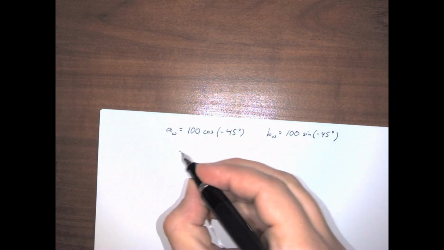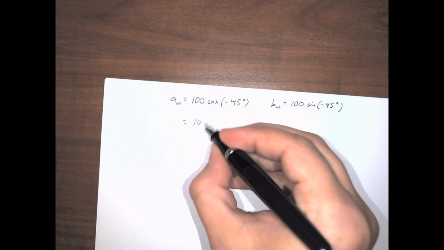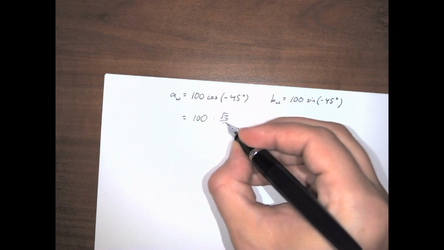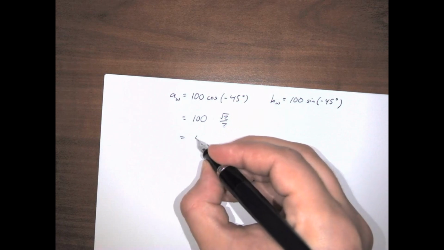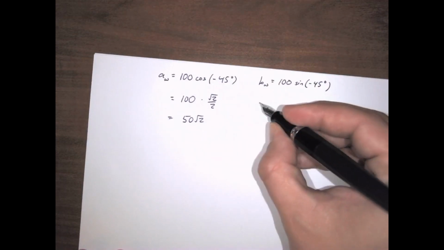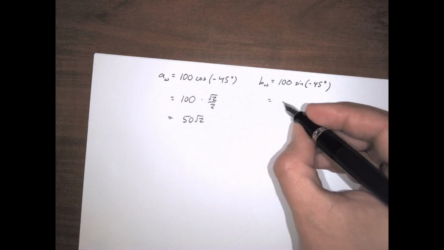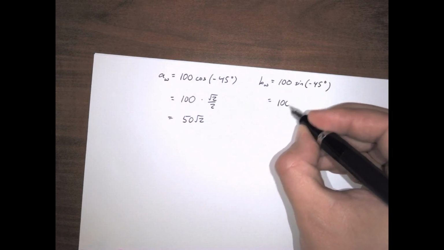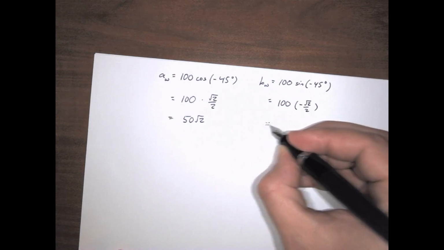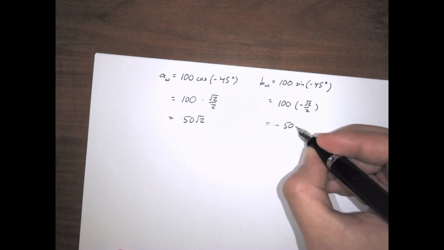And then what that's going to lead us to is equal to 100 cosine of negative 45, which is root 2 over 2. In other words, 50 root 2. And sine of negative 45 is going to be negative root 2 over 2, which will give us negative 50 root 2.